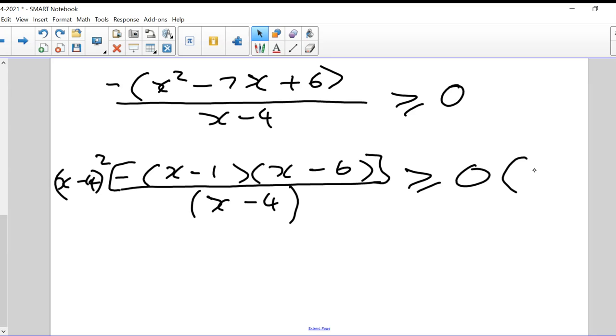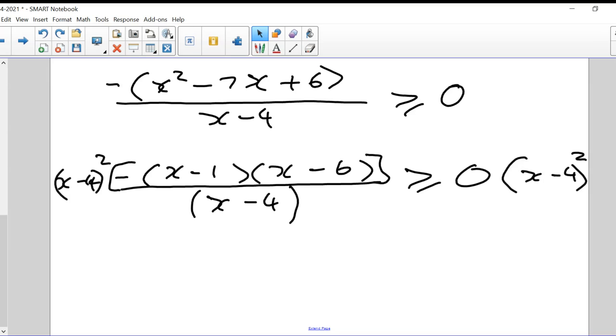And on the other side, I'm going to do the same thing: x minus 4 squared. Everybody's asking why squared. Why is it okay for me to multiply by something that's squared on both sides? Well, we said that we can't cross multiply the way we were before because there's a risk that what we're multiplying by could be negative or positive.